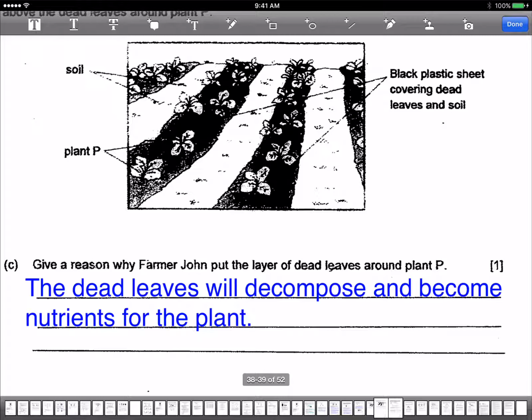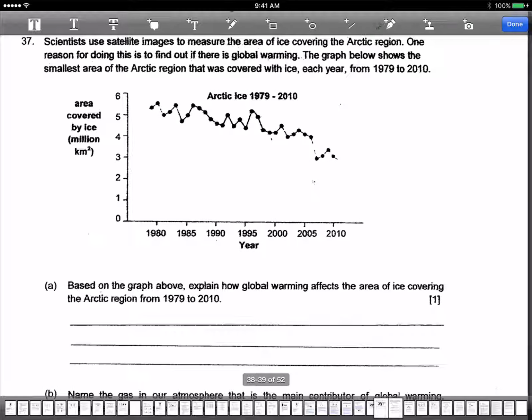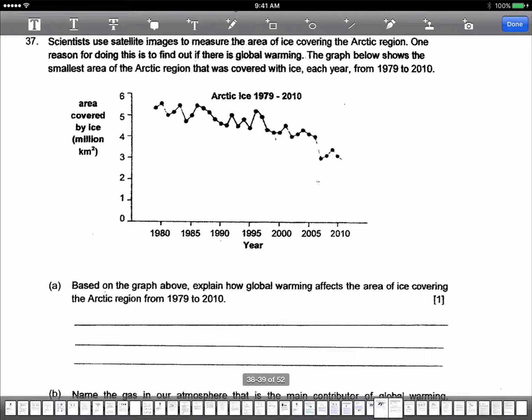Next one. How global warming affects the area of ice covering the Arctic region from 1979 to 2010. Yuki?